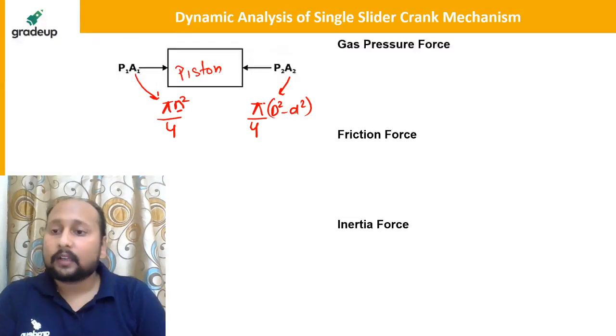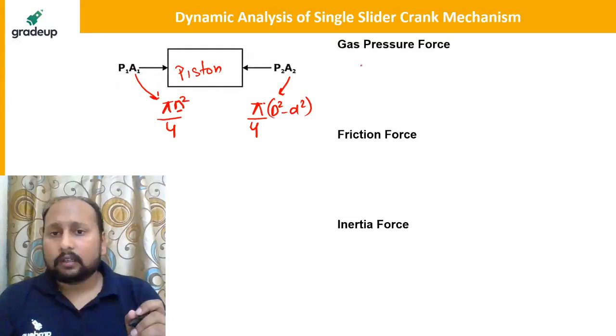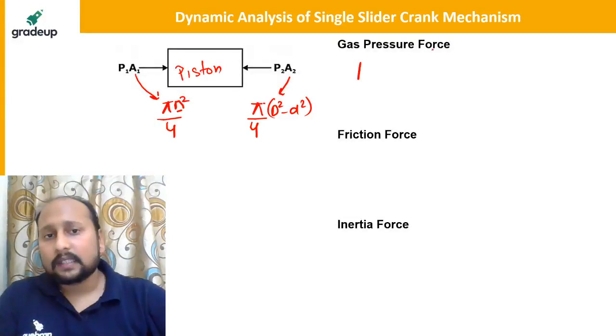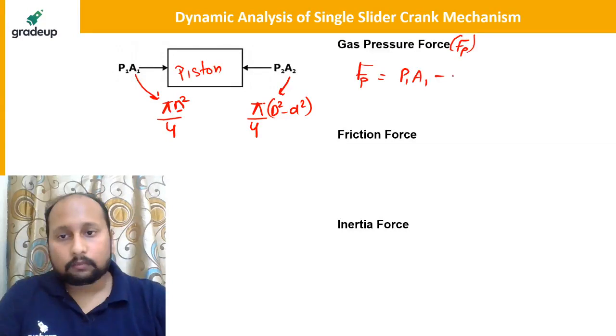Area of the bore, yes, exactly. Very good, Ramesh Mohan. If I denote the net pressure force as Fp, then Fp is equal to P1 A1 minus P2 A2. So this will be the net pressure force.